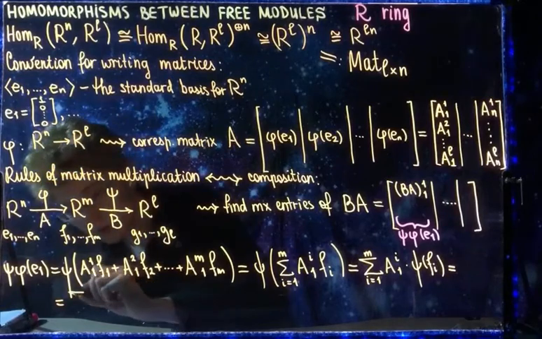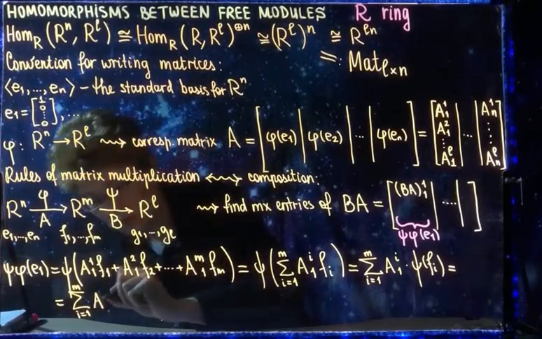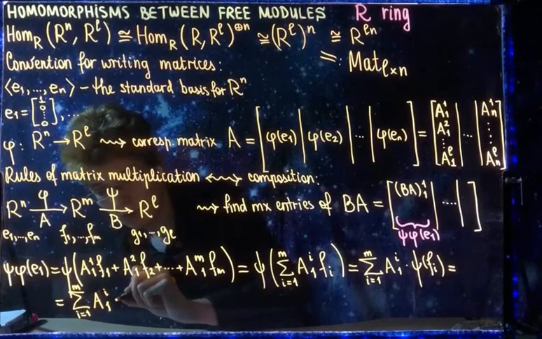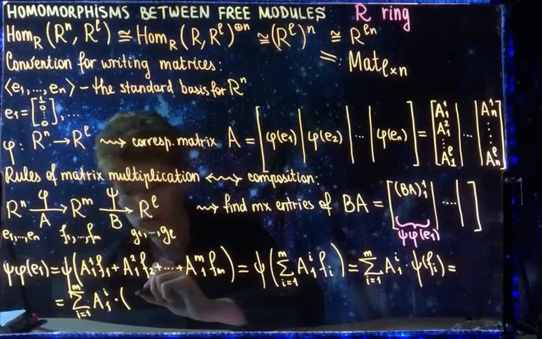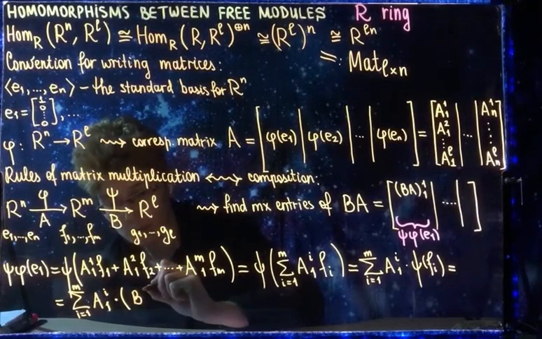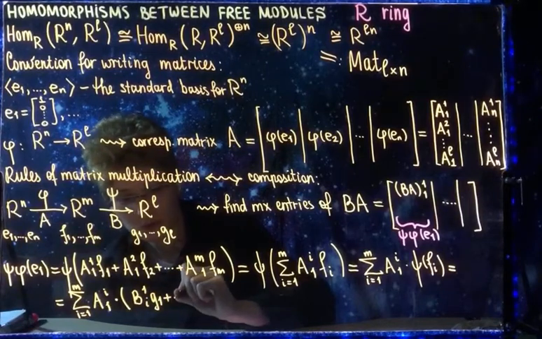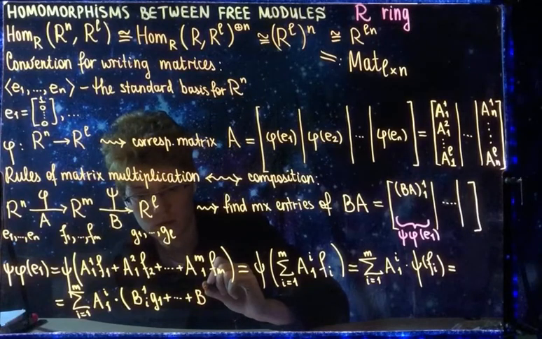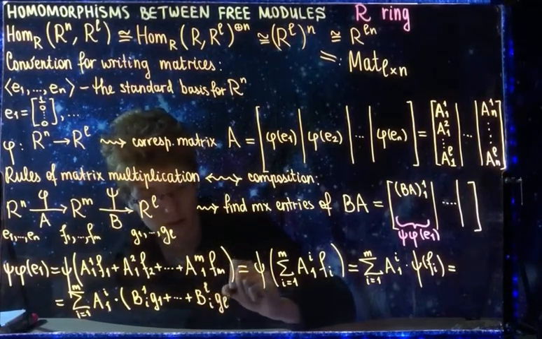So we have some i from 1 to m, Ai1, and then we have times B1i G1, plus etc. BLi GL.